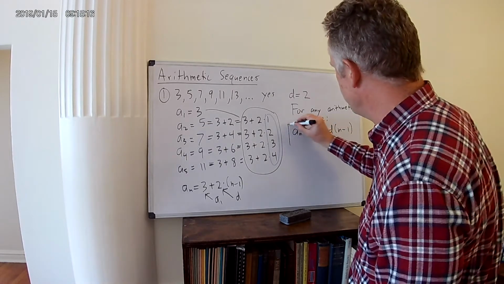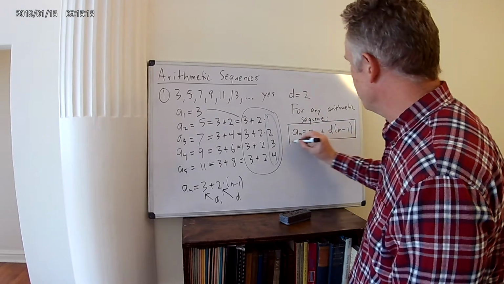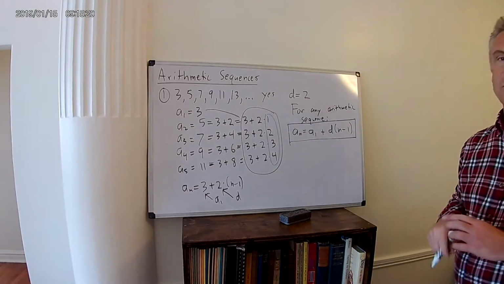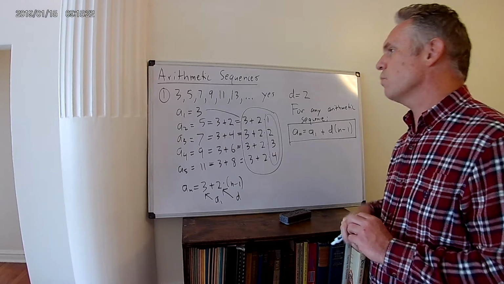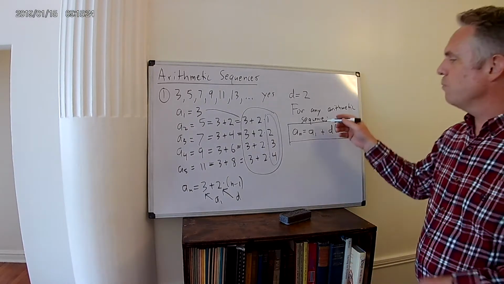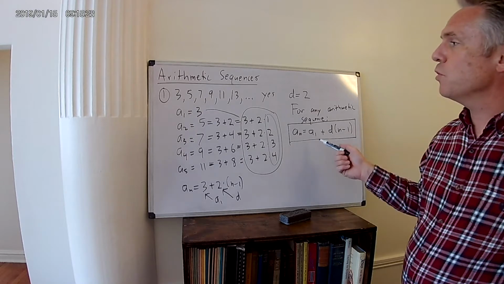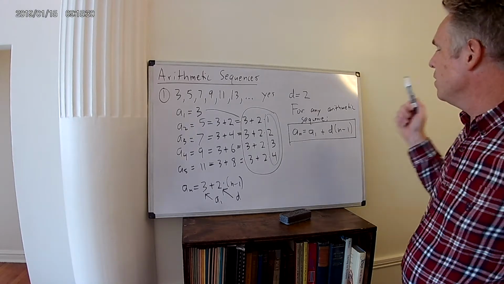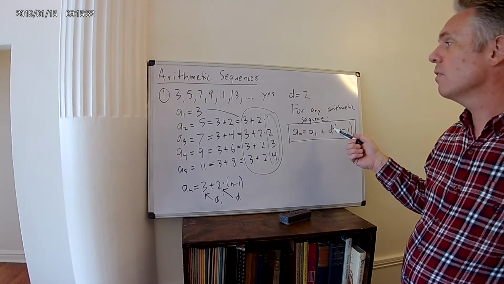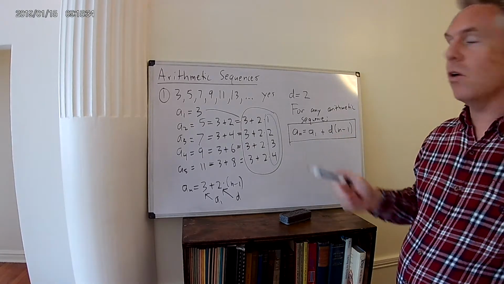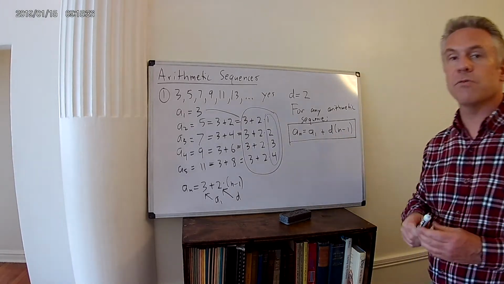That's an important formula. I'm going to box this formula. Now, you don't have to memorize this formula. I'll give this to you guys for the test or whatever you might need it for. But if we have an arithmetic sequence, and we know the first term and we identify the common difference d, we can calculate any term of that arithmetic sequence using this formula.